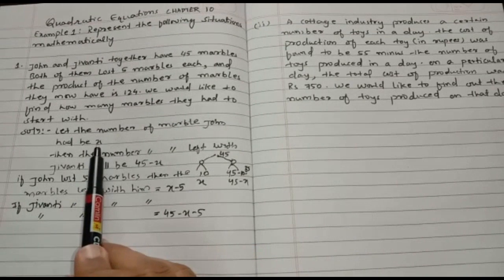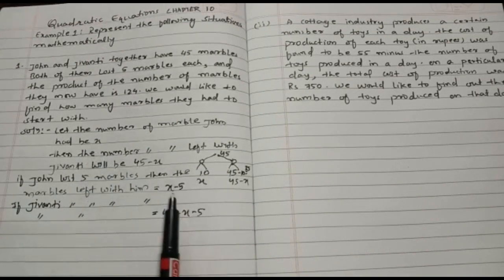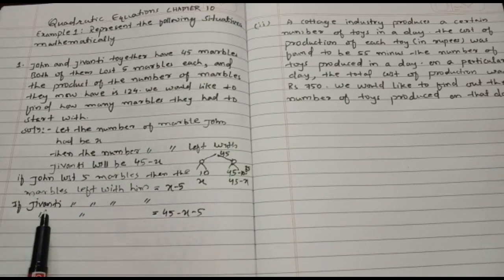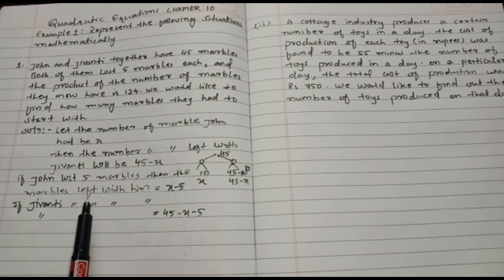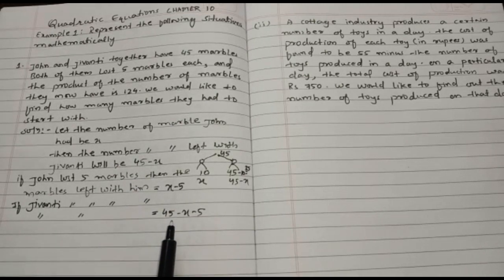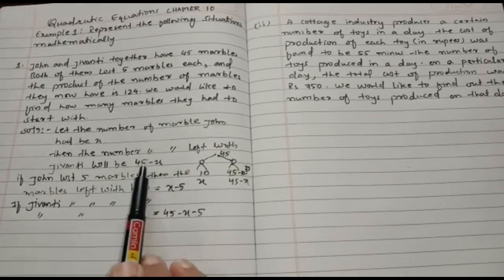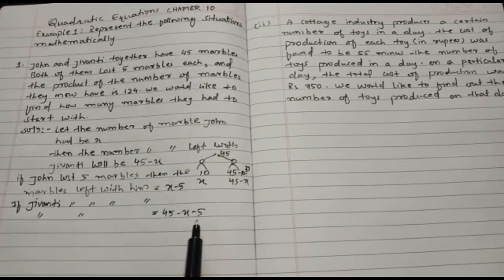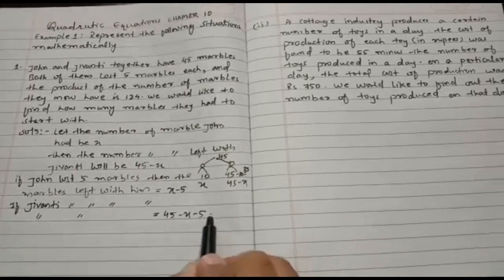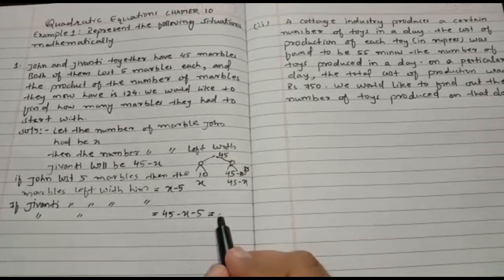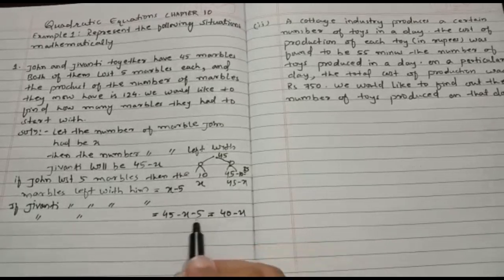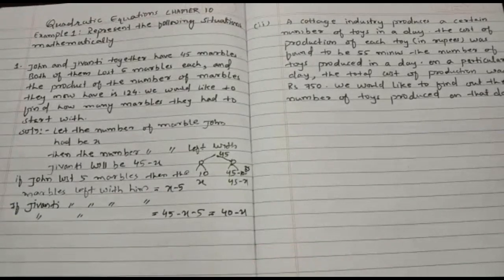John had initially x marbles, he lost 5, x minus 5. Jeevanti initially had 45 minus x, she lost 5 marbles, so the remaining marbles with Jeevanti are 45 minus x minus 5, which is 40 minus x.